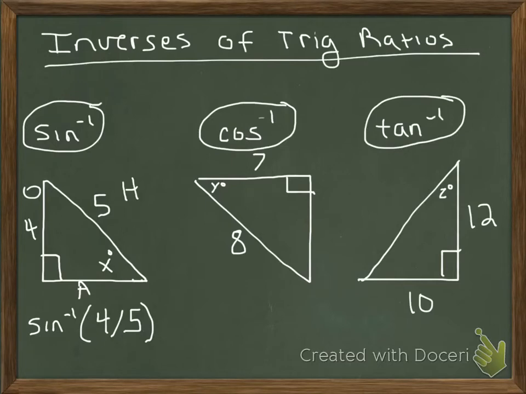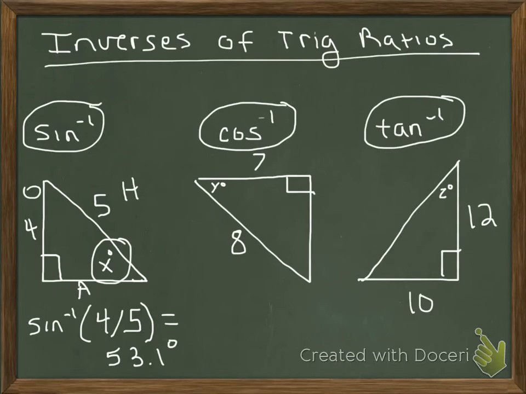So do that. And you get 53.1, and that is your degree measure for your reference angle. We're using the angle we don't know as our reference angle to label everything.